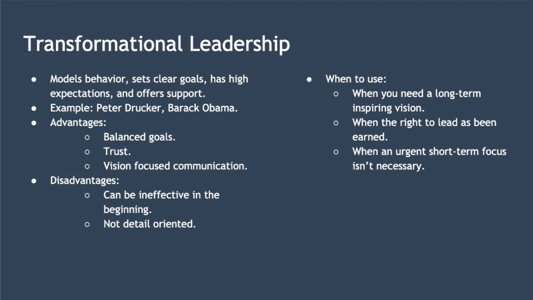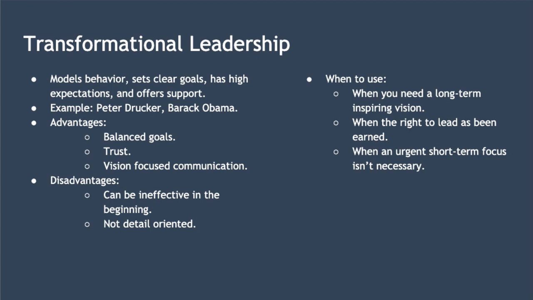And thirdly, transformational leadership has a vision-focused communication. So these type of leaders are very focused on the long-term strategic vision. And by communicating their vision regularly and with passion and clarity, they keep everyone on side, bought in, and motivated to eventually reach that vision.